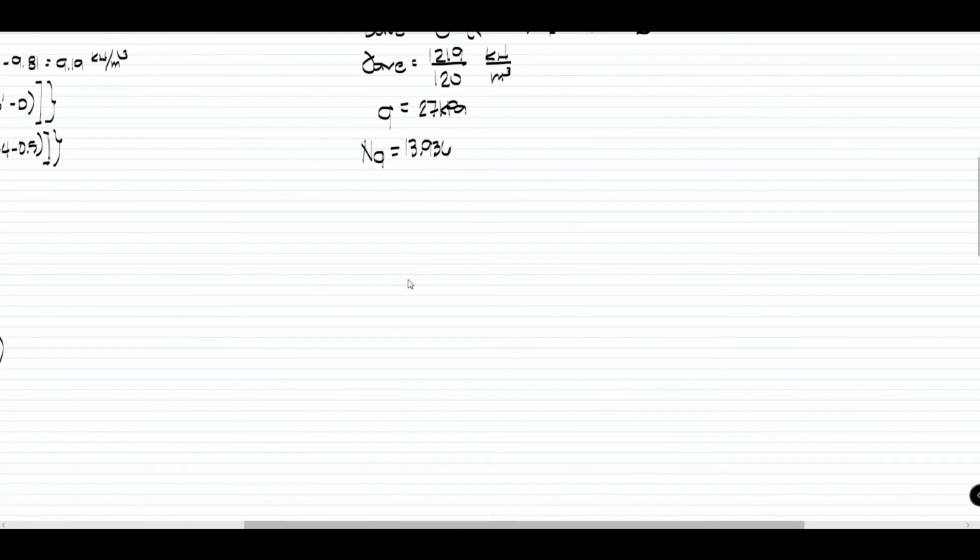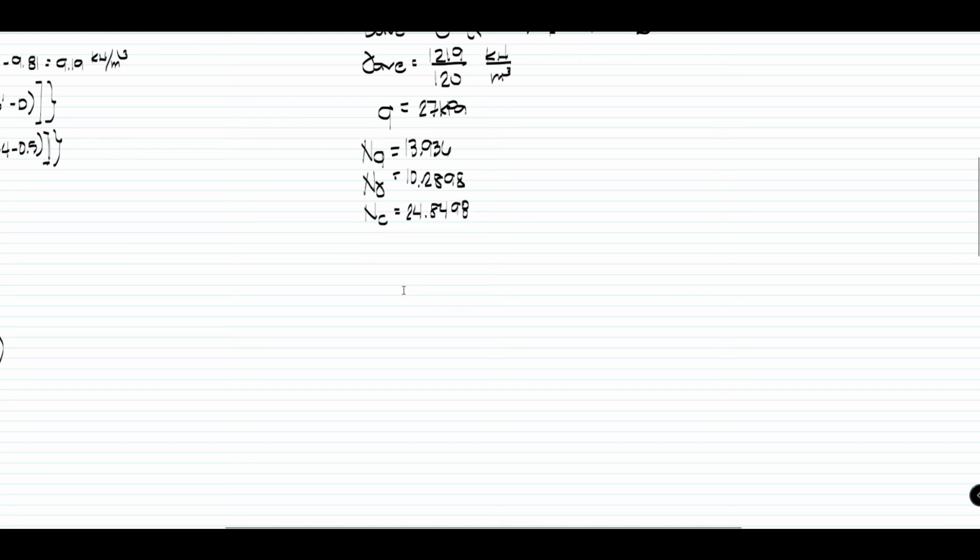Yung N gamma natin is 10.2898. And yung NC will be 24.8498.